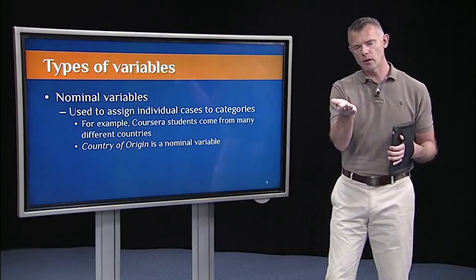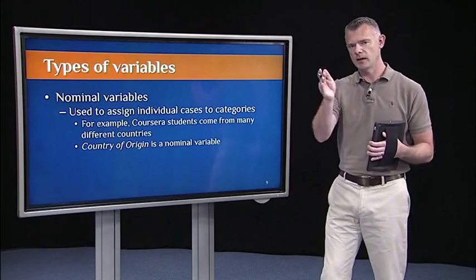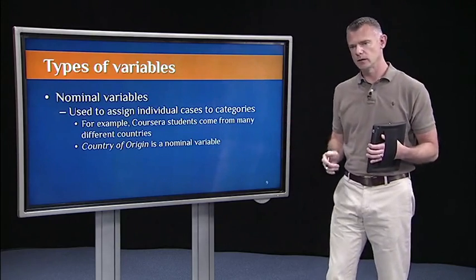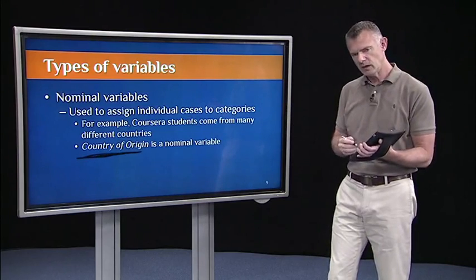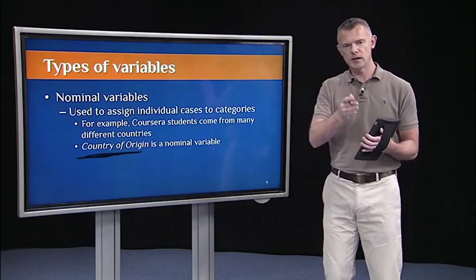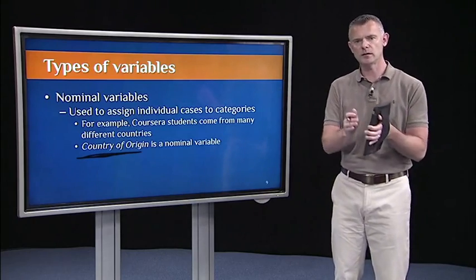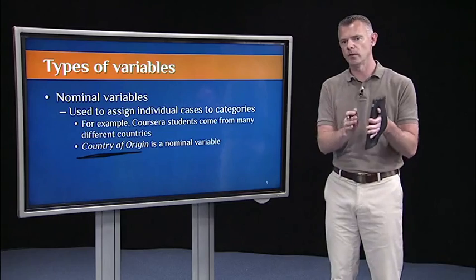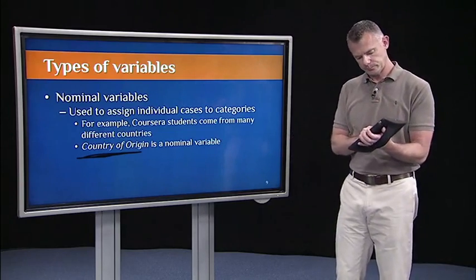So your country of origin is a nominal variable. It's just assigning individuals to categories. It just allows me to distinguish some students from others. So there are some students from Brazil, some students from Argentina, some from Australia, India, the US, and so on.